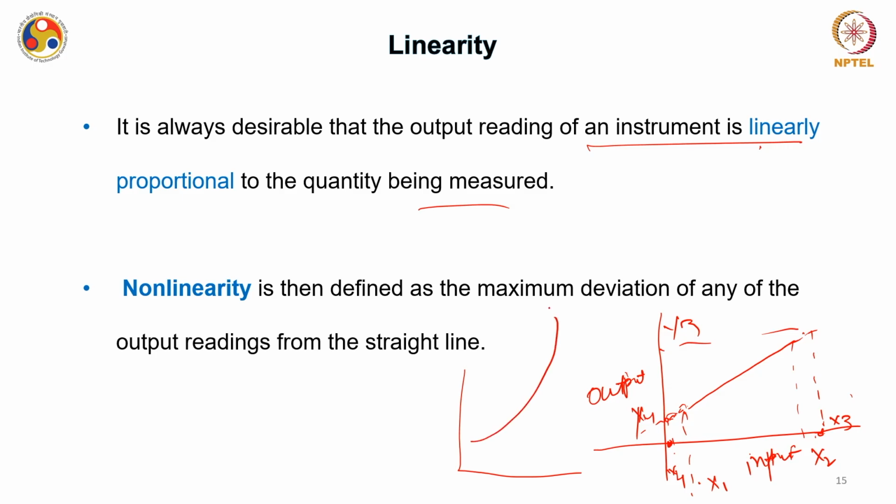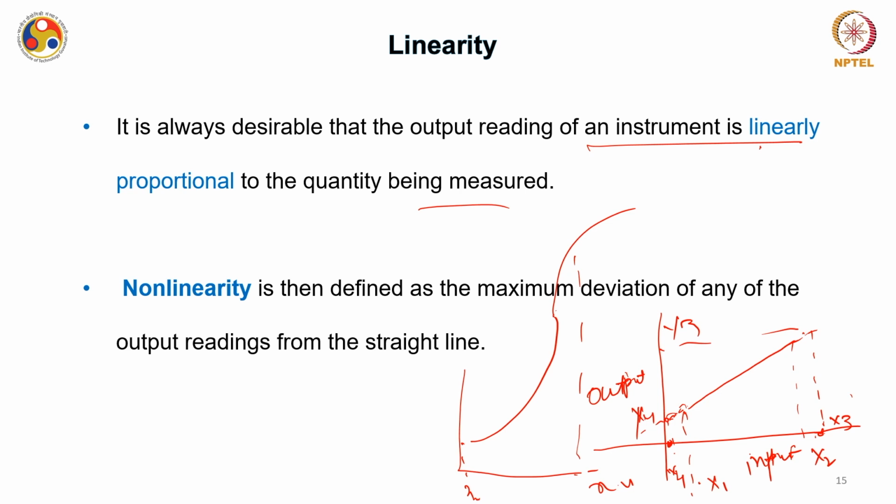In this case the extrapolation becomes very difficult. Now I don't know what will be the output when the input is x4 or say x3 in this area, because if this is non-linear, it can be like this also in this range, I don't know. So, the instrument is desired to be linear.